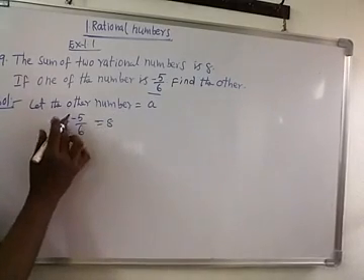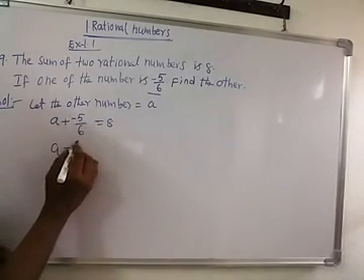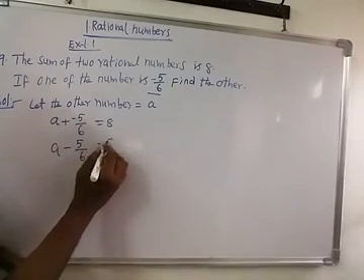So here a plus minus 5 by 6 is a minus 5 by 6, equal to 8.